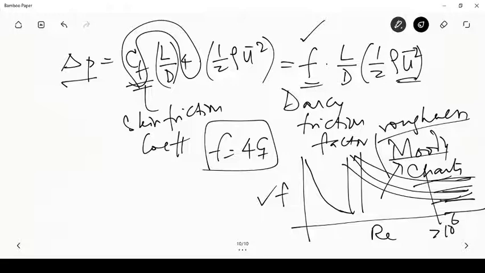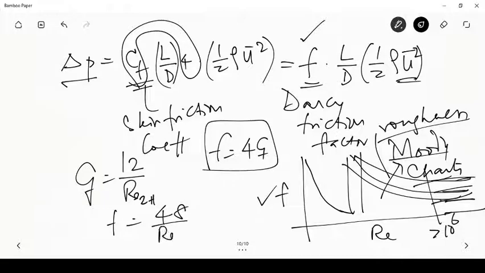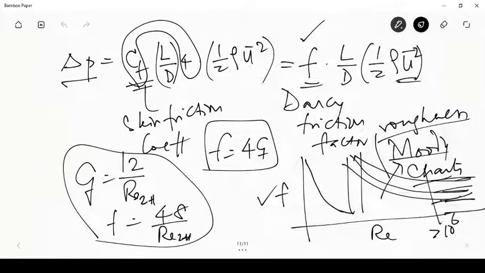Since Cf is 12 by Re_2h for parallel plates, the F will be 48 divided by Re_2h, because it is 4 times Cf. In the same way, we can write it for circular pipes also.